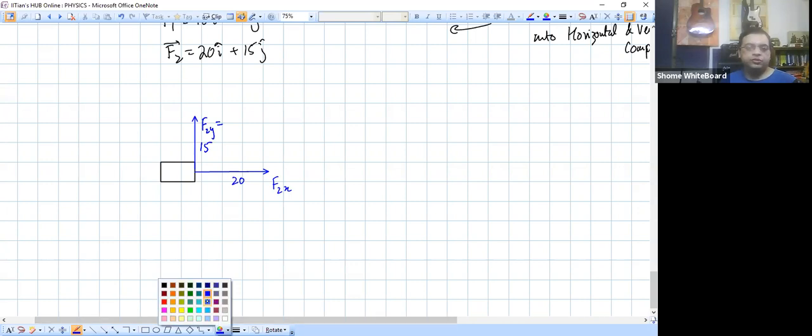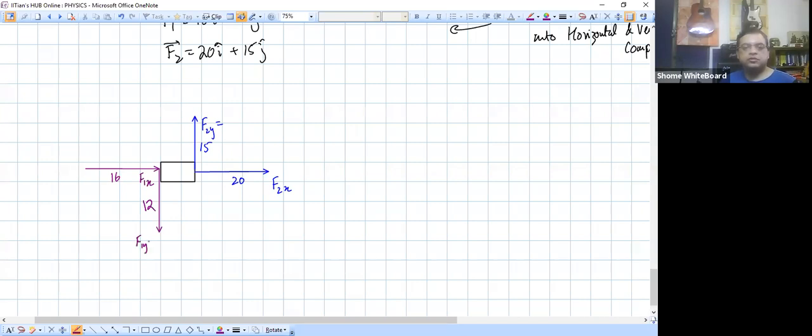This other force F1, it has a horizontal component of 16, and it has a vertical component which is downwards, which is 12 in magnitude.